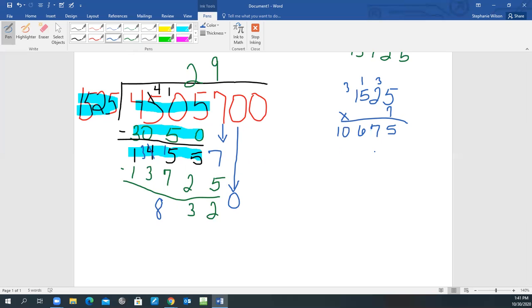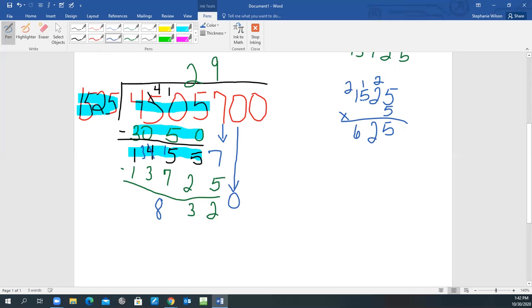Let's try 5. Okay, 7 was too big, so let's try 5. So 5 times 5 is 25. Carry the 2. 5 times 2 is 10, plus 2 is 12. 5 times 5 is 25, plus 1 is 26.